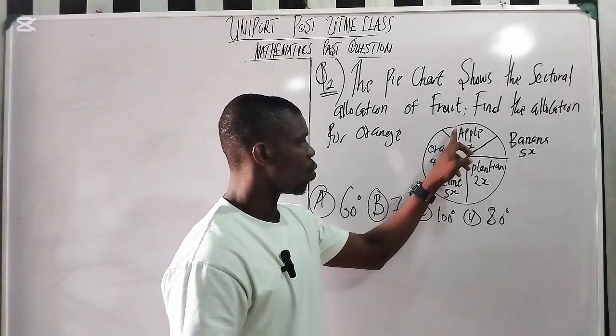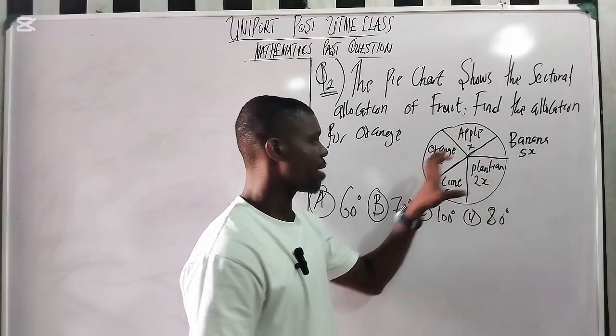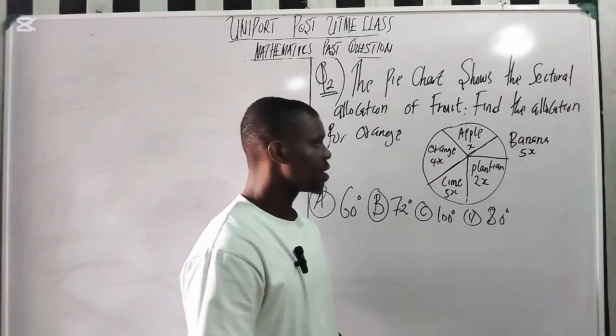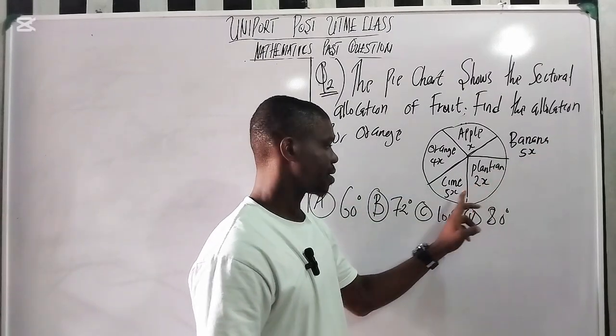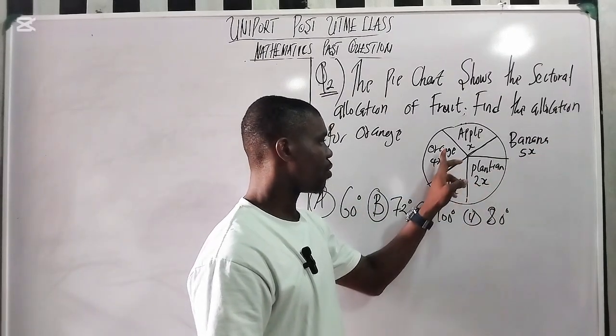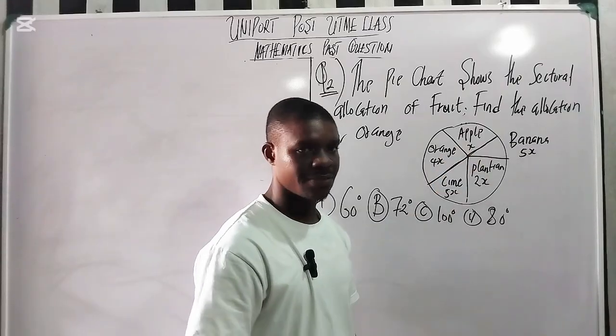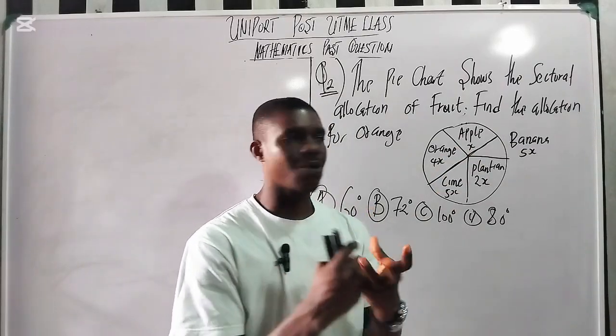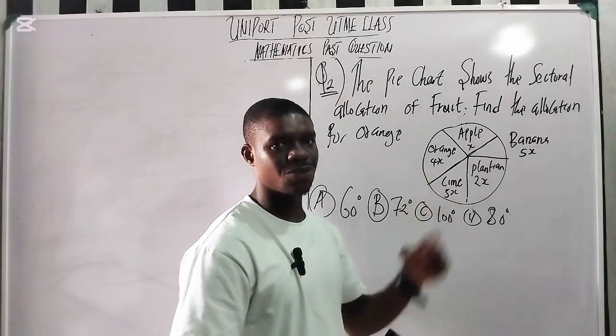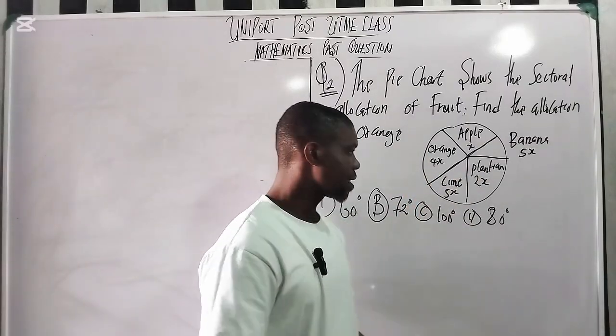We have 1, 2, 3, 4, 5. We have 5 sectors, right? We have banana, which is 5x, plantain 2x, lime 5x, orange 4x, apple x. Remember, the sum of all the angles in the pie chart is 360, right? It's 360.